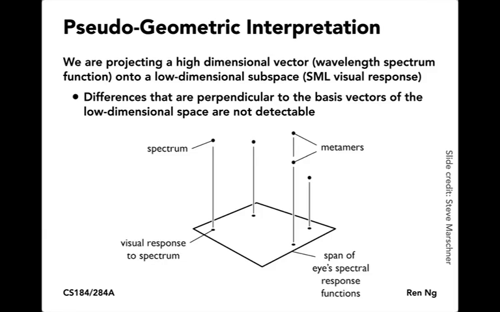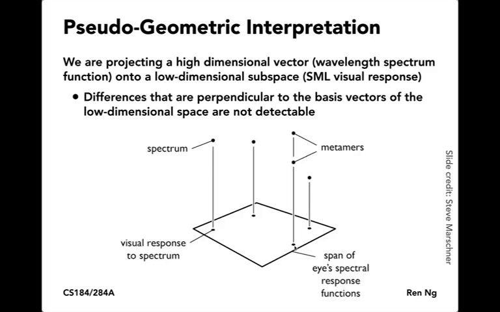One way to picture that, because it's hard to picture an infinite dimensional space projected onto 3D, is to cheat a little bit and use a pseudo-geometric interpretation where 3D space represents the high dimension, and the low dimension is represented as a plane. Obviously this is a pretty crude analogy, but let's see if it provides any geometric intuition. The metamers in this space are things that project onto the low dimensional subspace at the same point.